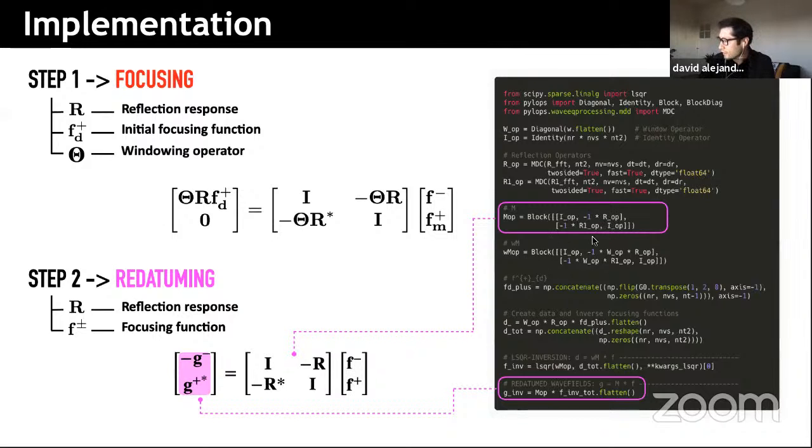Then again, we just apply a matrix-vector multidimensional convolution, which we see as a matrix-vector multiplication. And that will give us access to the Green's functions that I was looking for. So I would like to highlight the expressiveness of PyLops when the time comes to implement this kind of operators.